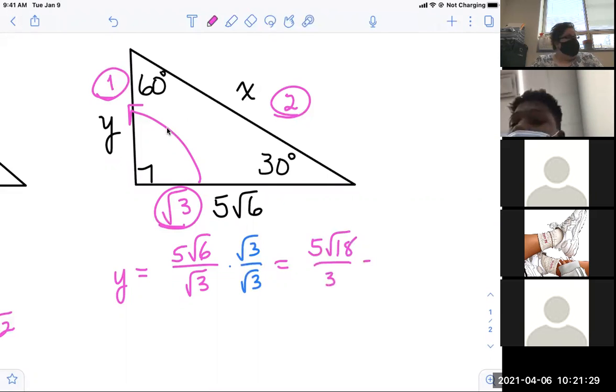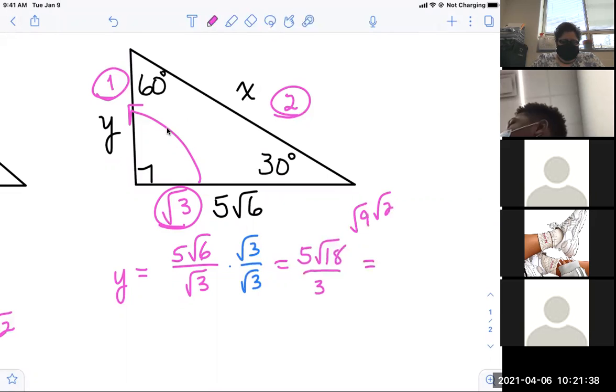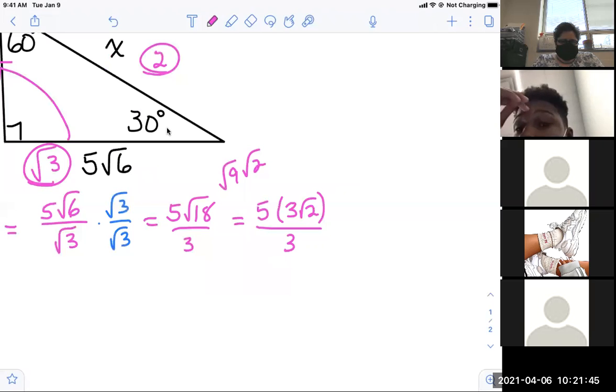And then root 18 breaks down. Then what? Okay, and then what?